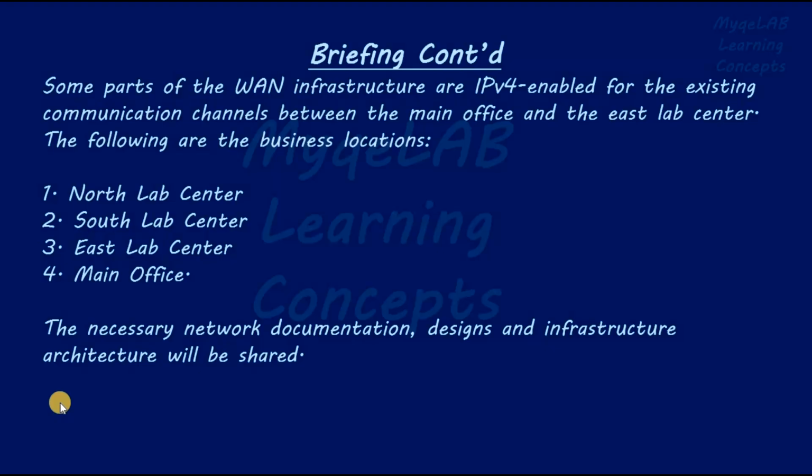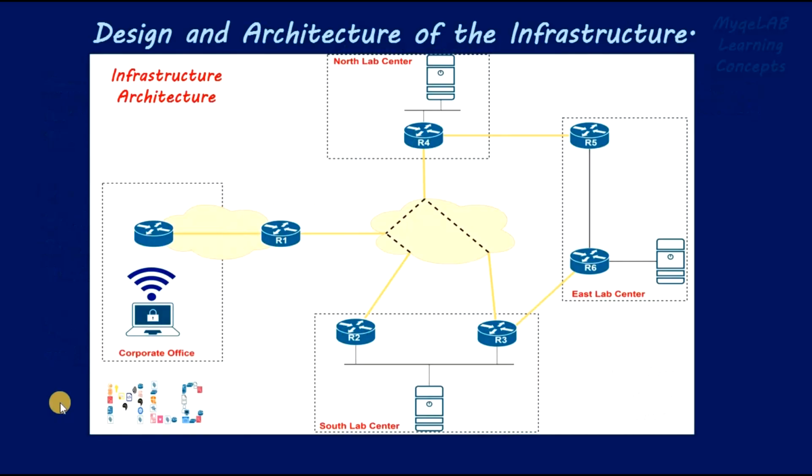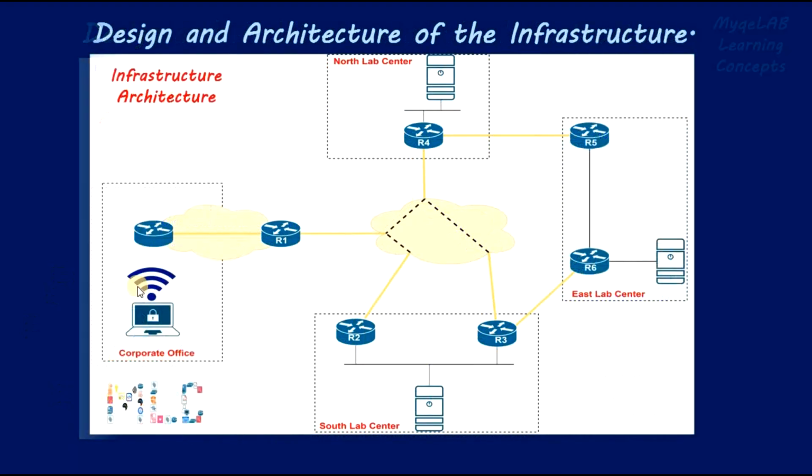After this, we'll see what the documentation of the network looks like in terms of the designs, the architecture, the IP address, and other things that are necessary. So the architecture looks exactly like this, showing just the interconnection between the locations. And you can see here, we have the main office and the lab centers around the different regions that are existing.